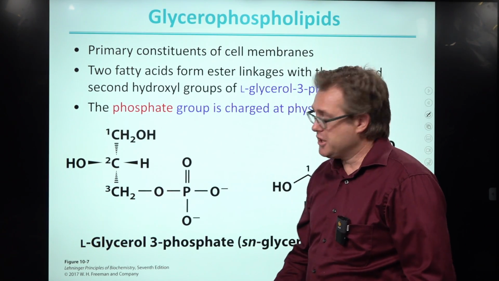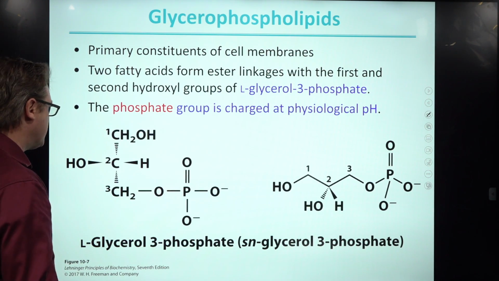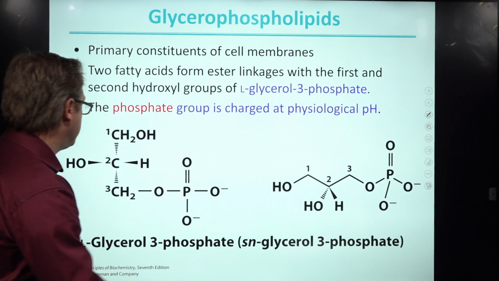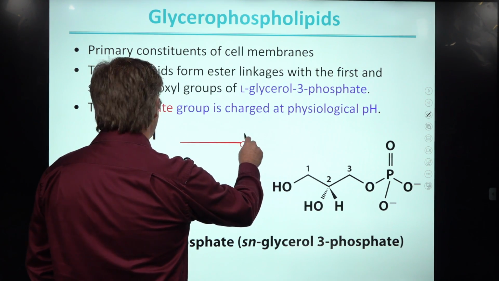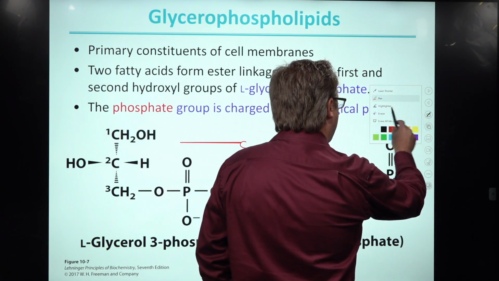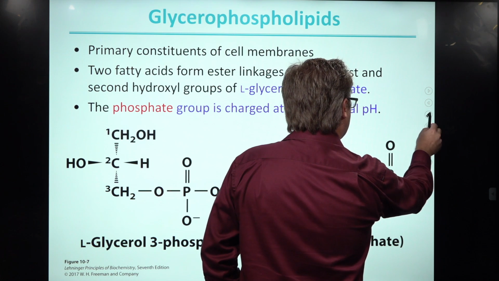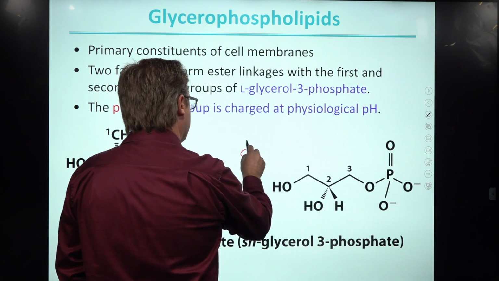And make sure that when you look at this, you see, what does glycerol look like? So let's draw glycerol and make sure we see where all the changes are coming from. So glycerol would simply just be this guy right here. It would be that.